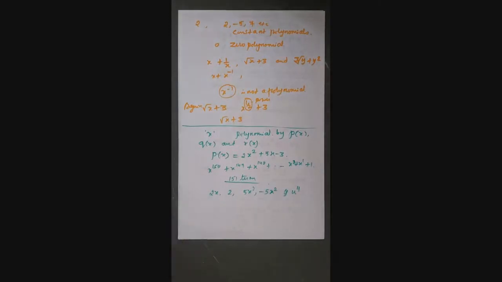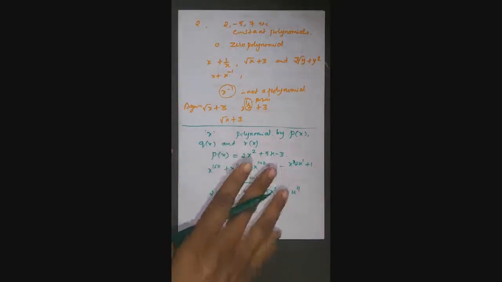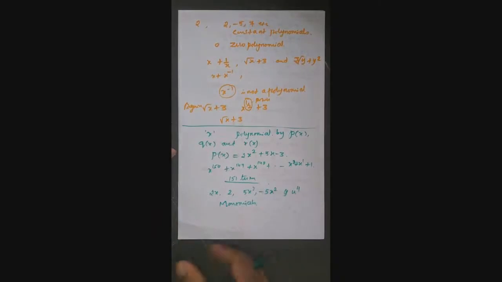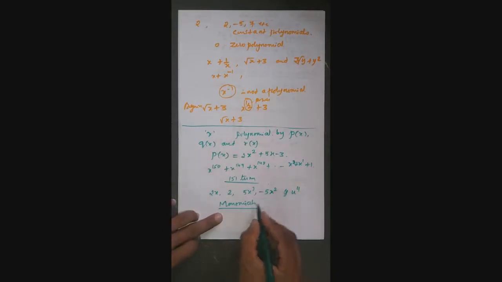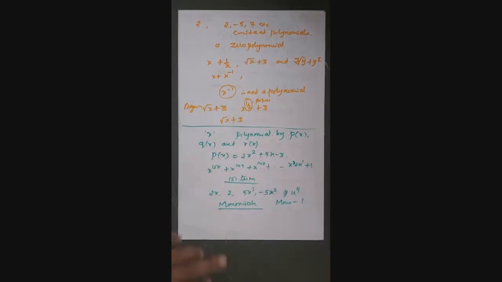An algebraic expression which is having only one term is called a monomial. Mono means one.